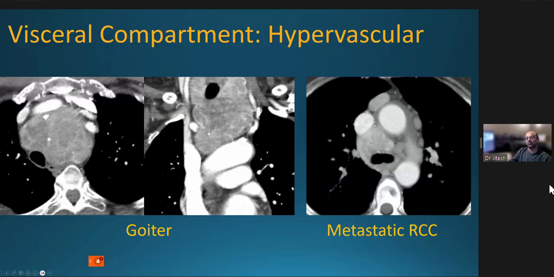And this is a patient with metastatic RCC who has hypervascular lymphadenopathy involving multiple compartments. That's another differential diagnosis for a hypervascular lesion in the visceral space, but mostly you see the lymphadenopathy outside the visceral space, in the prevascular mediastinum also, in patients who have hypervascular metastatic disease.